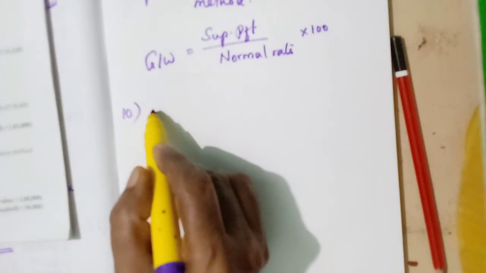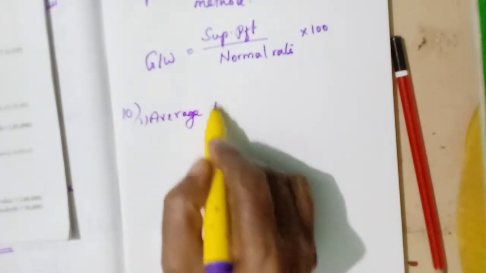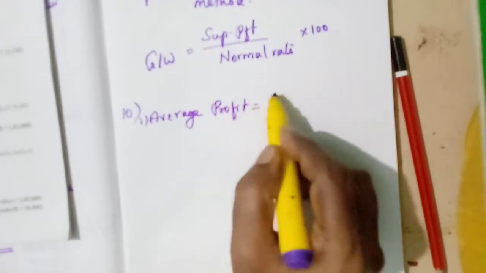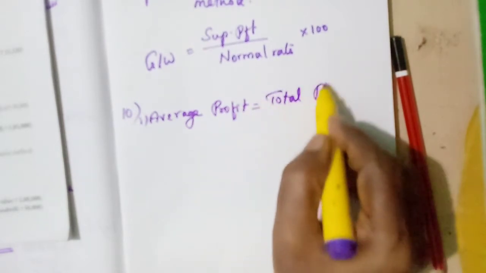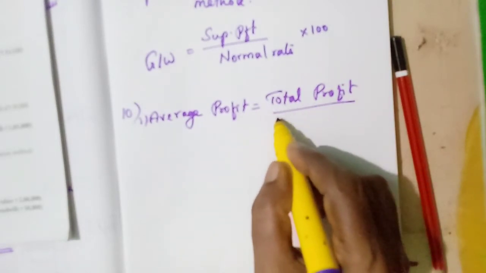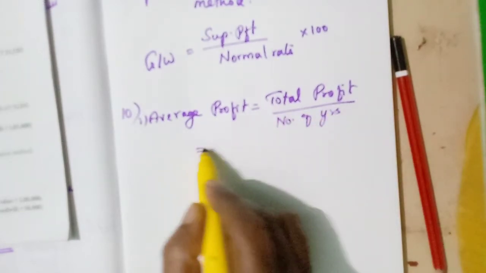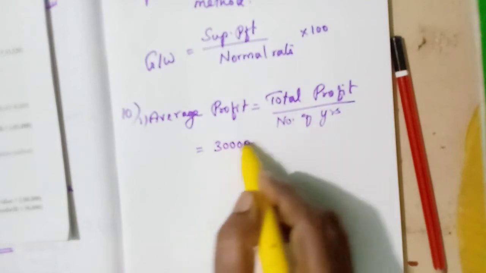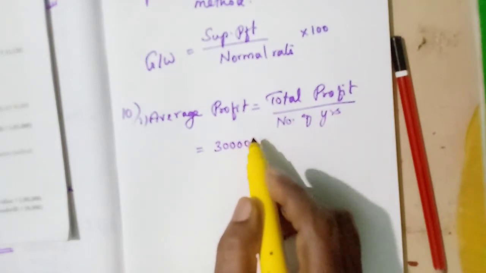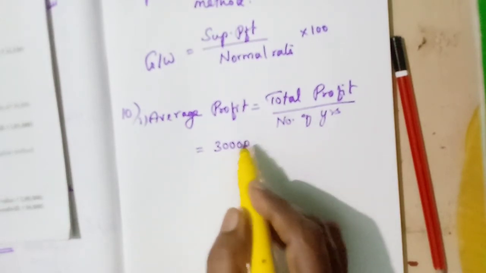First we have to calculate the average profit, isn't it? Average profit, first step: total profit divided by number of years. Total profit 30,000. Here in this 30,000 we need to deduct the non-recurring income of 3,000, isn't it?